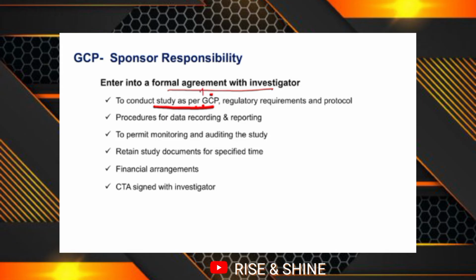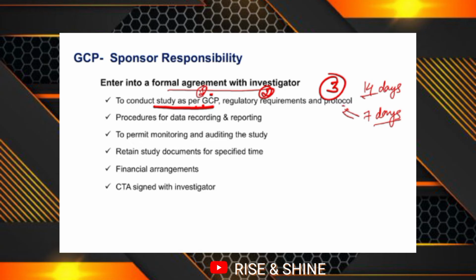GCP is one, two is regulatory requirement, and third is protocol. Whatever is mentioned in a protocol, they have to follow. If it is said that you have to report after 14 days, then they have to do that. If it is said that after every 7 days there will be a patient visit, they have to follow this. And if they are not following this, that is a deviation or can be a violation.